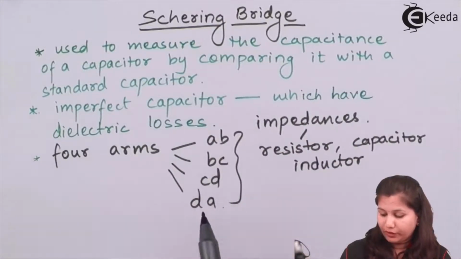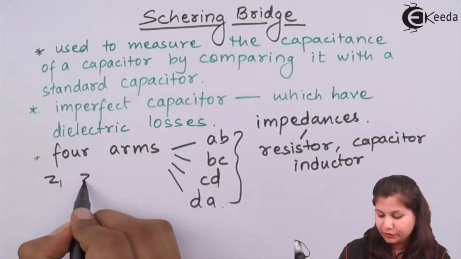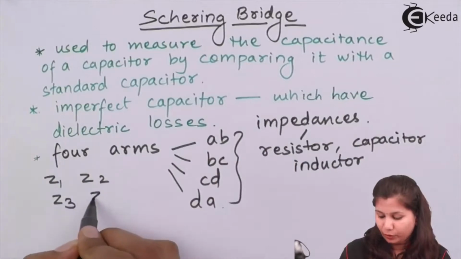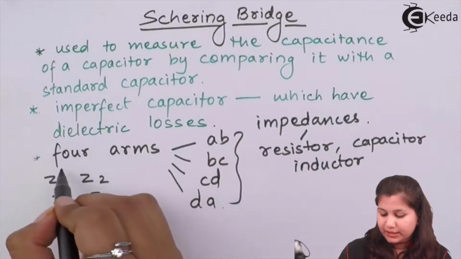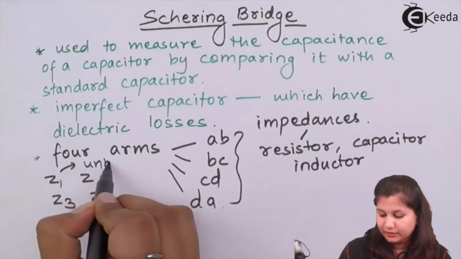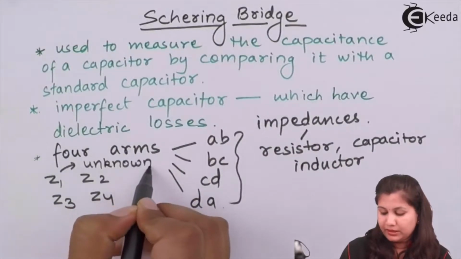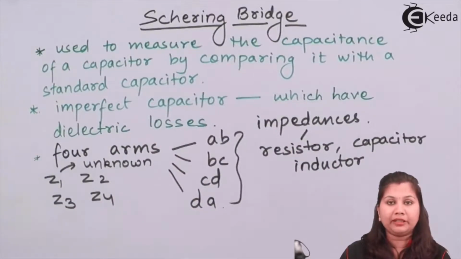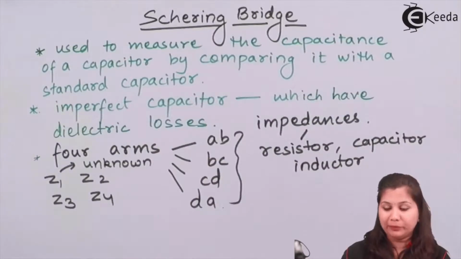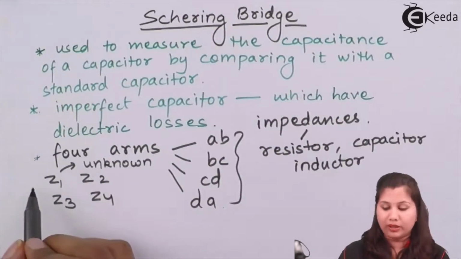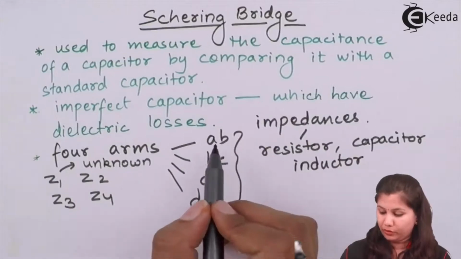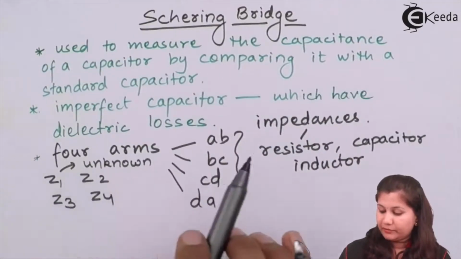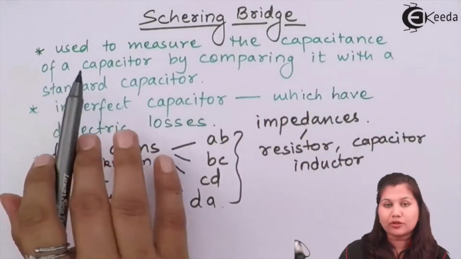Now out of these 4 impedances, that is Z1, Z2, Z3 and Z4, the Z1 is our unknown impedance. Means the value of the electrical parameter which we want to measure will be connected in the Z1, that is AB arm. Now here we are measuring the capacitance of a capacitor.